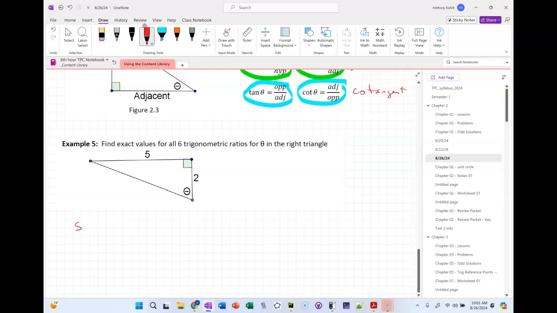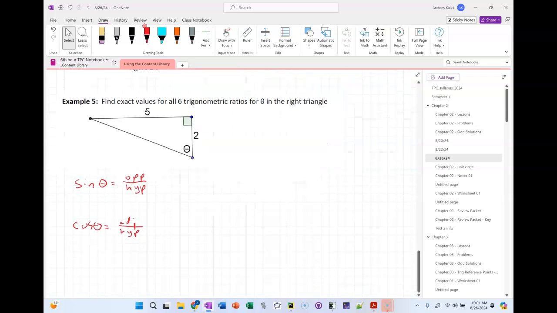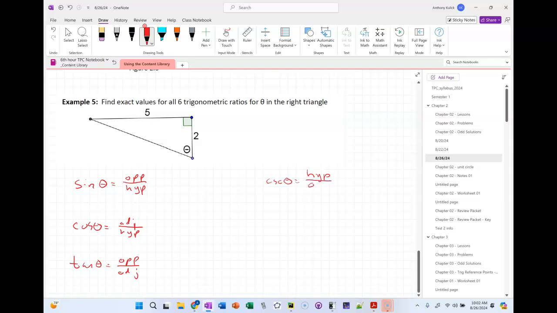Well, maybe I'll just start by writing down my definitions. So again, cosecant goes with sine, so those are reciprocals.